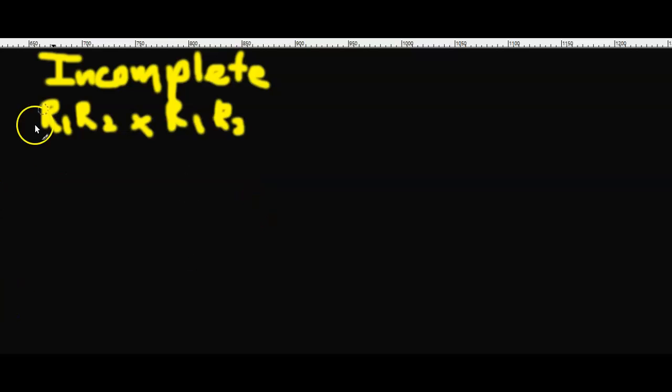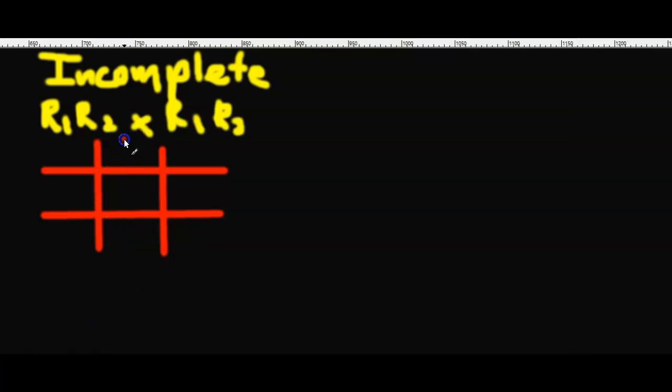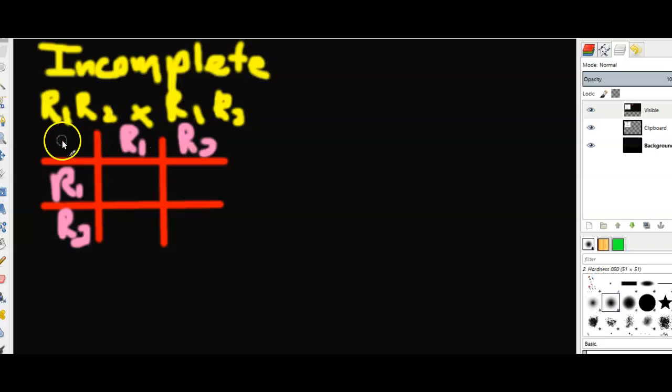So setting up a Punnett square. R1, R2. These are both pink. Alright, so they're both pink flowers. So those are the parents.